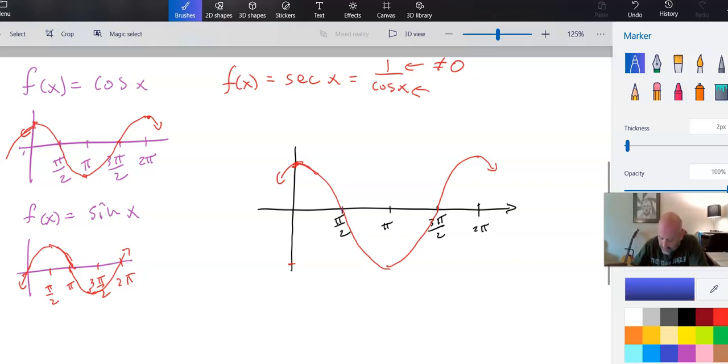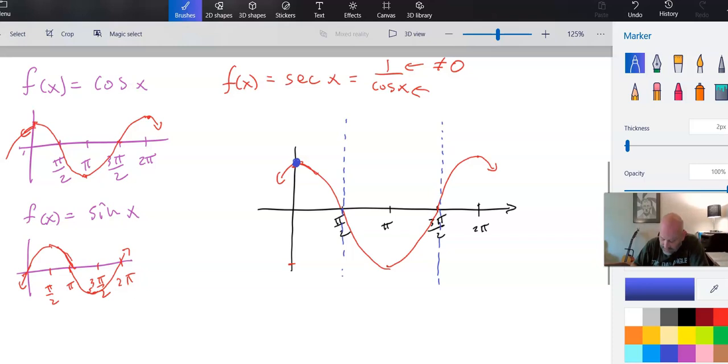So looking at this, everywhere cosine crosses the x-axis is a 1 over 0 for secant. So that means I have an asymptote here through pi over 2, and I also have an asymptote here through 3 pi over 2. Now, the rest of this is really straightforward because cosine is 1 here. Well, what's the reciprocal of 1? It's 1. So that means secant has a value of 1 right there also.